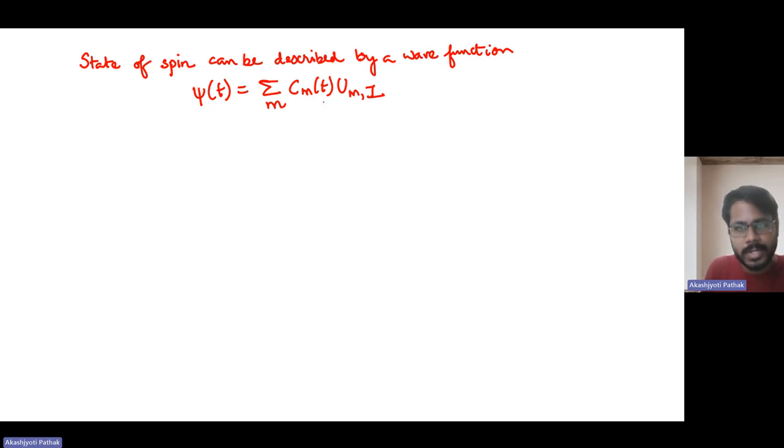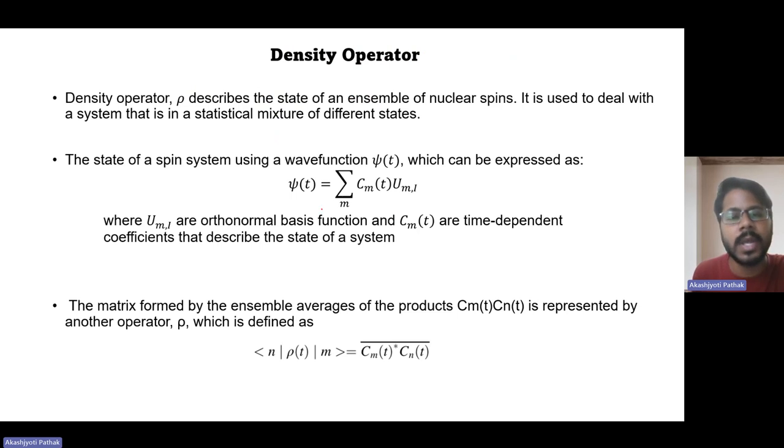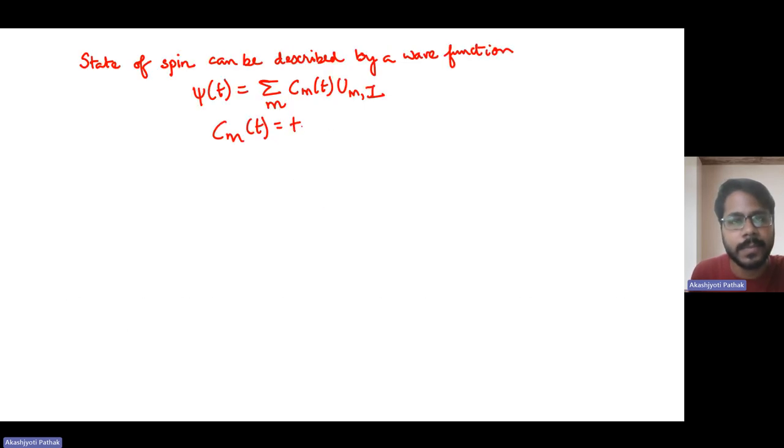So what is cm of t over here and um over here? Cm is a time dependent coefficient, right?